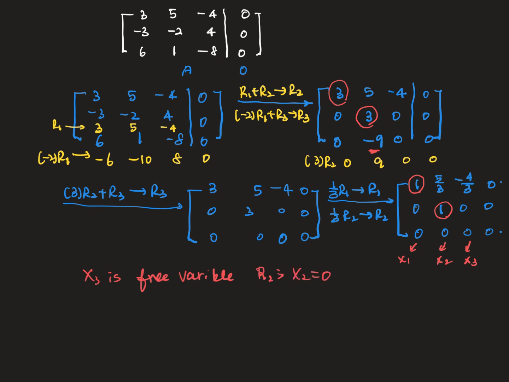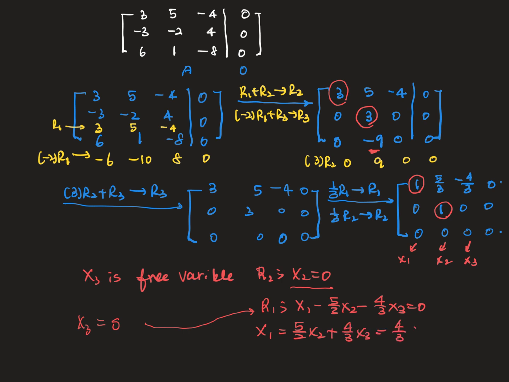So let's go to row 1: x1 minus 5 over 3 x2 minus 4 over 3 x3 equals 0. So x3 is a free variable. You're going to say x3 is s. We already defined x2, right? So x1 is going to be 5 over 3 x2 plus 4 over 3 x3. So x2 is 0, and x1 is 4 over 3 s.